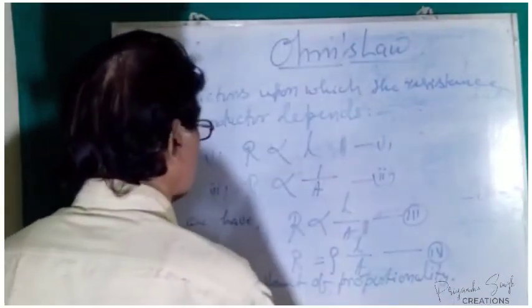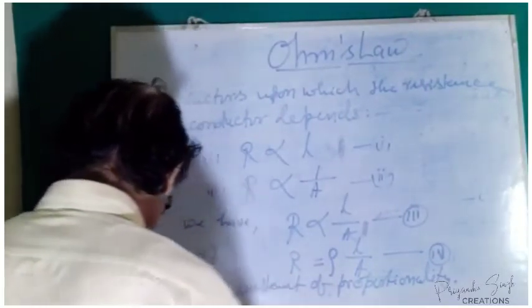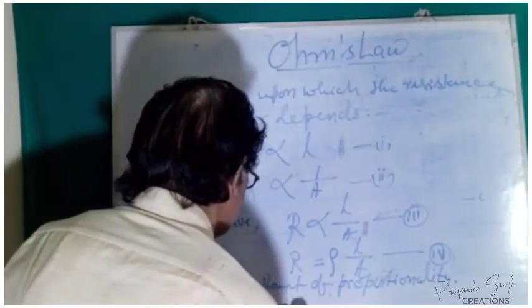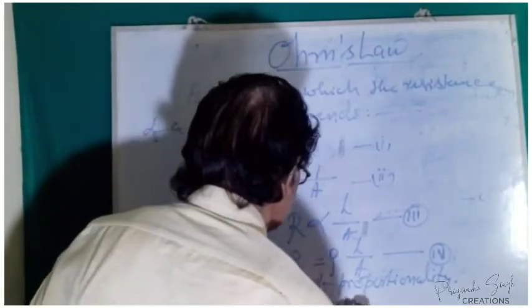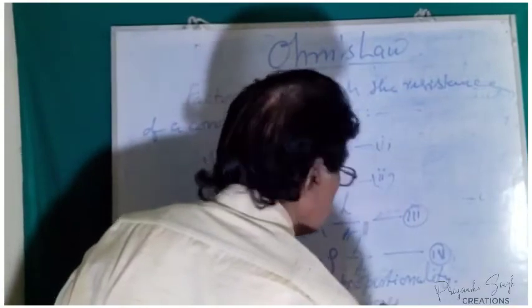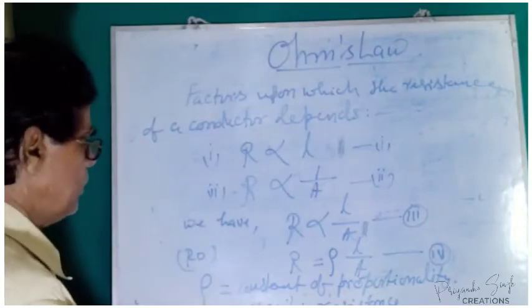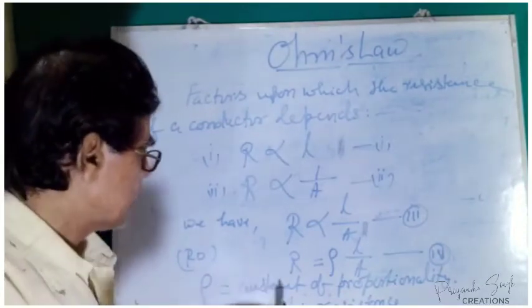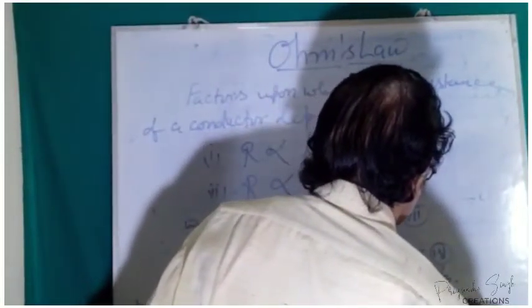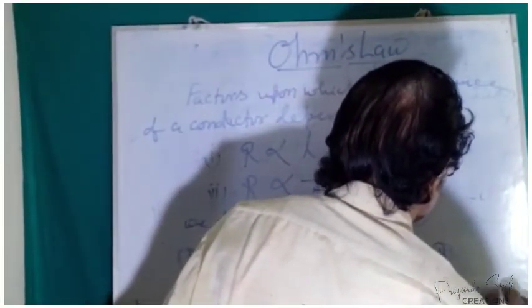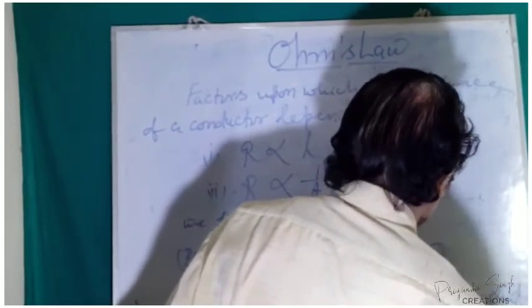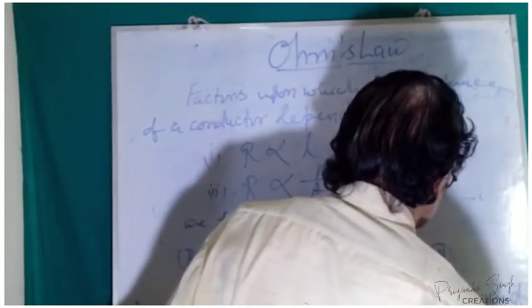See here, rho, constant of proportionality, it is called the specific resistance or the resistivity of the conductor.